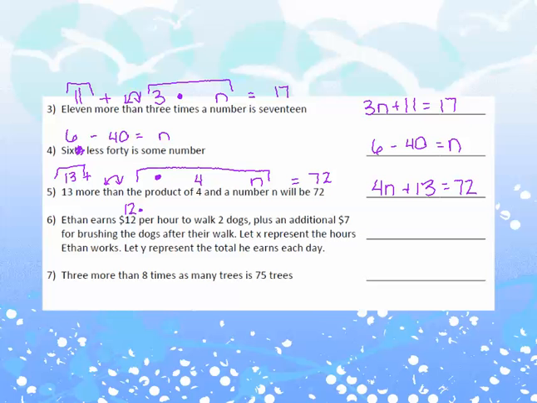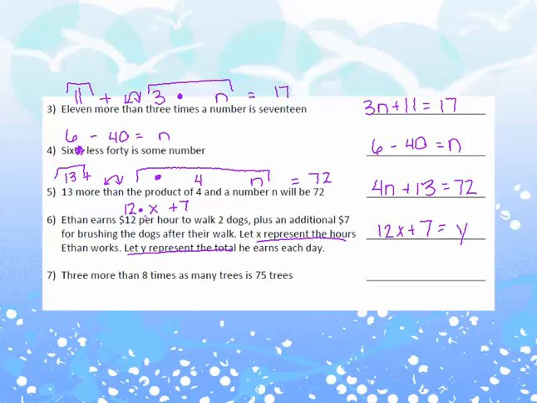And it says let X represent the hours. So 12 times the hours, to walk 2 dogs, plus an additional $7 for brushing them. So we're going to add $7 for brushing them. And it says let Y represent the total he earns. So we now have 12x plus 7 is going to be equal to Y.